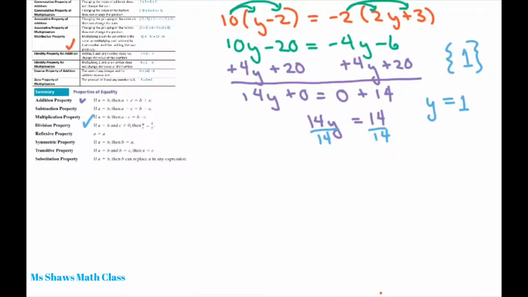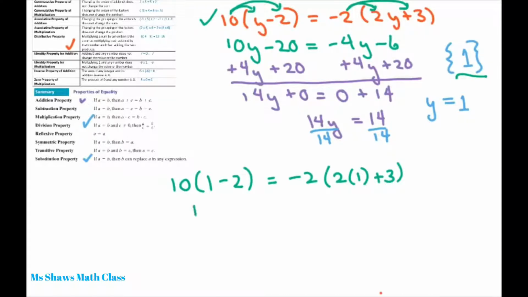So now we're going to use our substitution property and take our original equation and replace every y with our 1. And we're going to see if we have the correct answer and check our solution. So we have 10 times 1 minus 2, and then negative 2 times 2 times 1 plus 3.